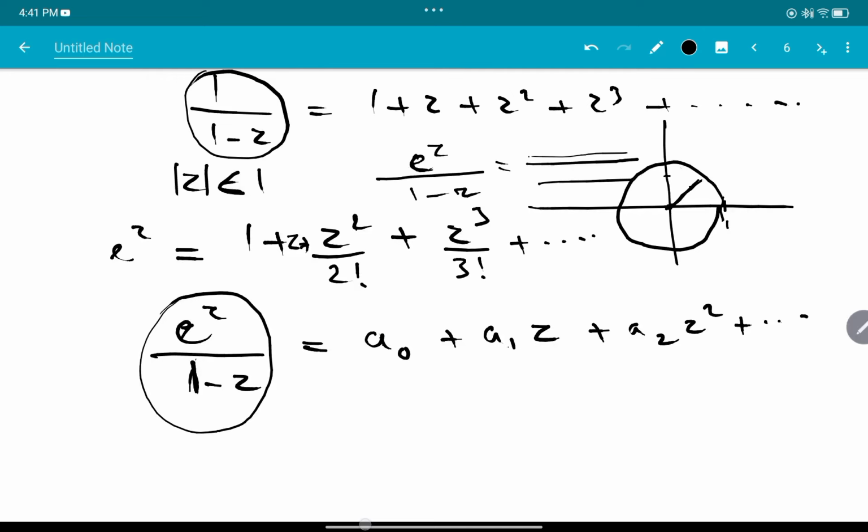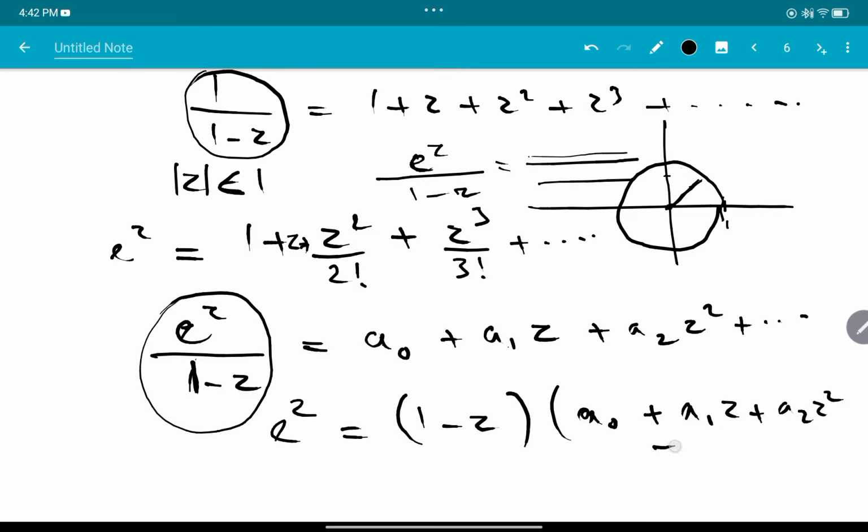So for that, I will multiply both sides by 1 minus z. I write e raised to z is equal to 1 minus z times a naught plus a1 z plus a2 z square plus dot dot dot.